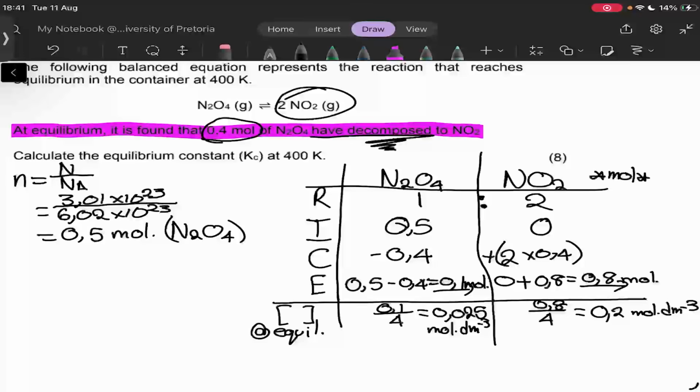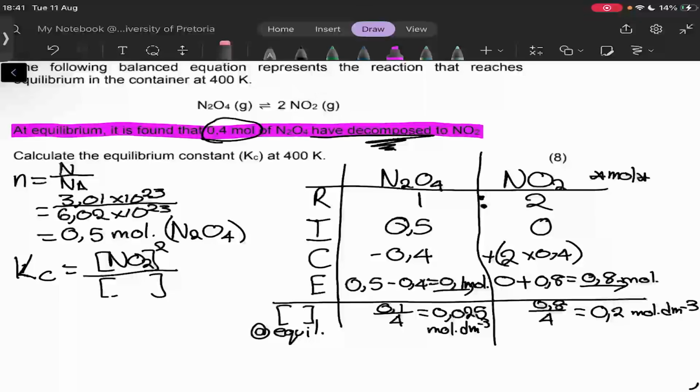Let's now go on to find our equilibrium constant. Kc, we know, is the concentration of our products over the concentration of our reactants. So our product in this case is NO2. I have to raise that to the power of 2. That power of 2 comes from this over there. Right.